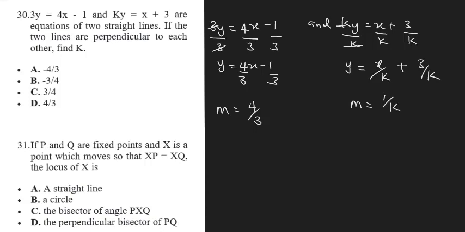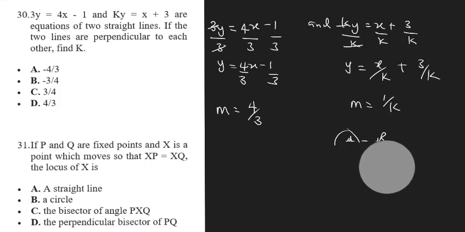So 1 over k. Since it is an inverse, remember we have 1 over k here. Since m is equal to this and this m is equal to this, then that means this is equal to this. I don't know whether you get it. If a is equal to b and b is equal to c, that means c is equal to a, right?